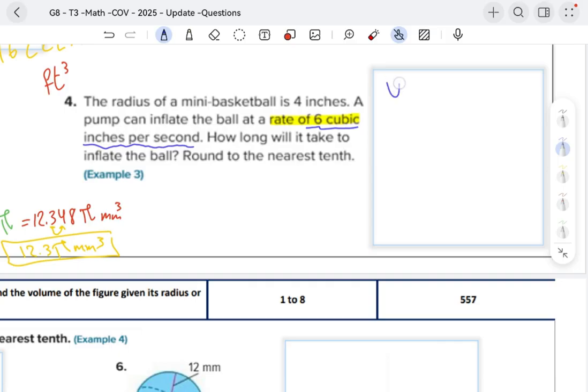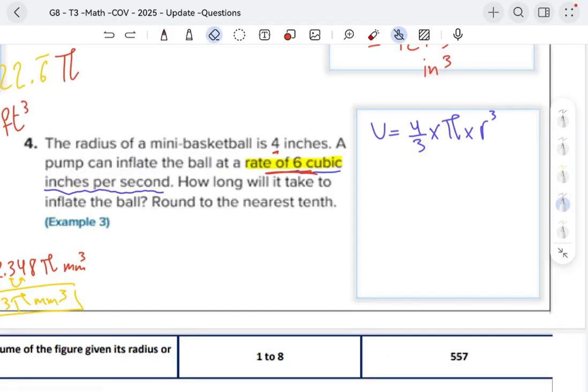The volume for this mini basketball is 4 out of 3 times pi times the radius cubed. Now I'm going to substitute 4 out of 3 times pi. The approximate value for pi is 3.14, times the radius cubed, 4 cubed.